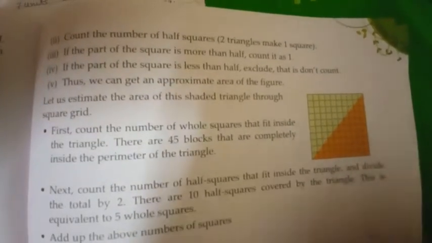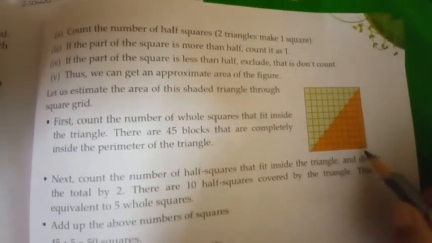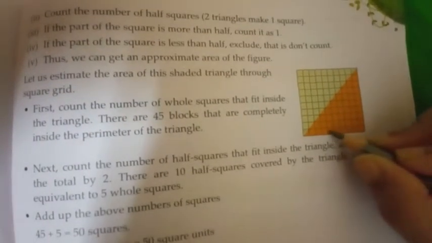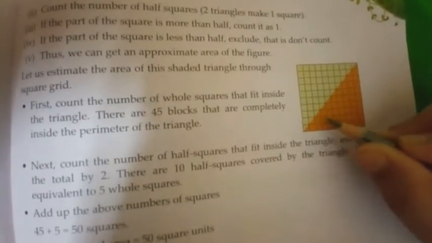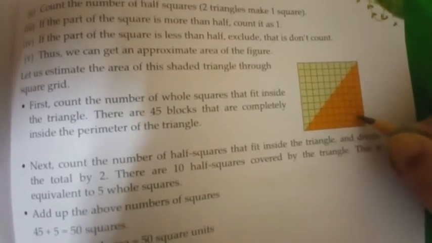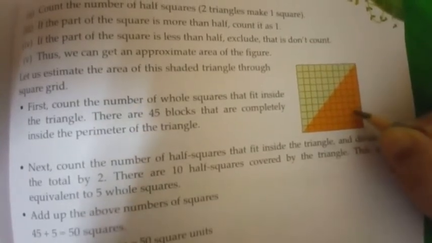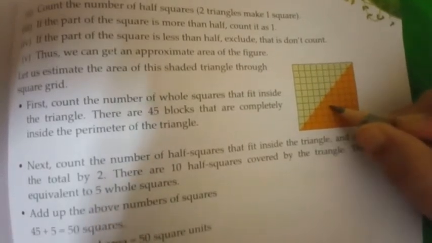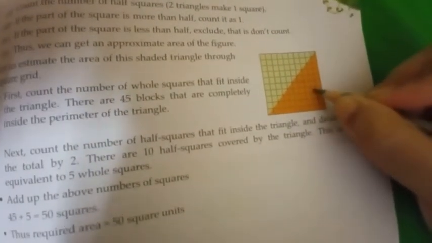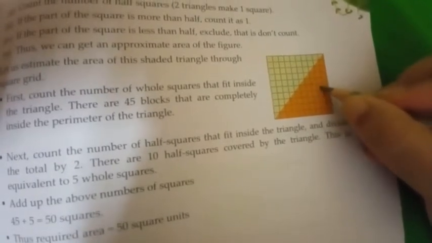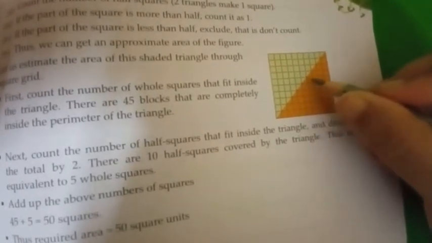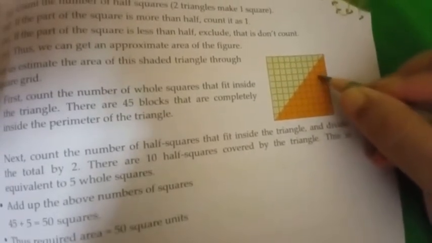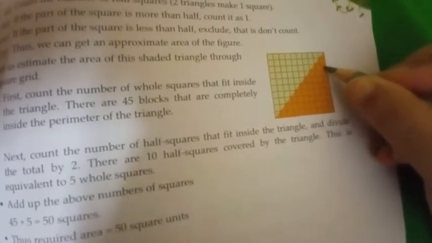So for this you have to count how many whole squares there are. Let's count: 1, 2, 3, and so on up to 45.